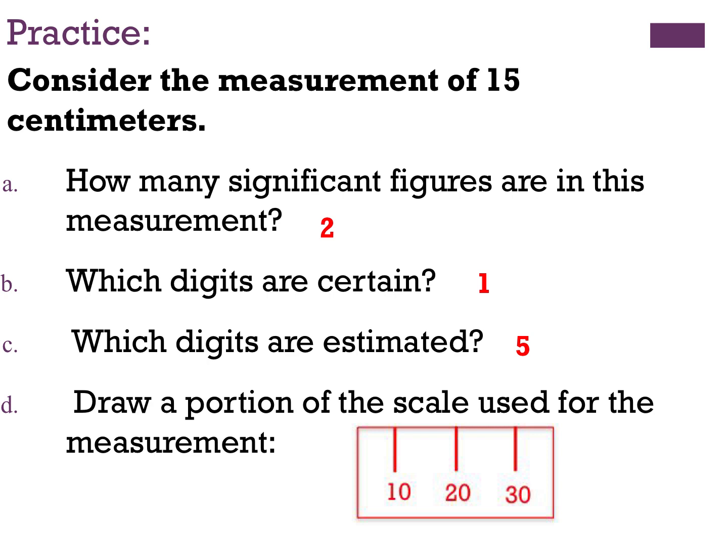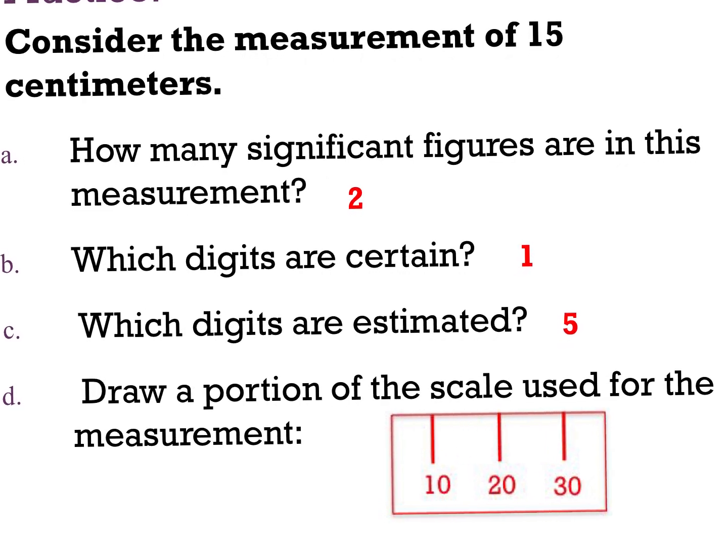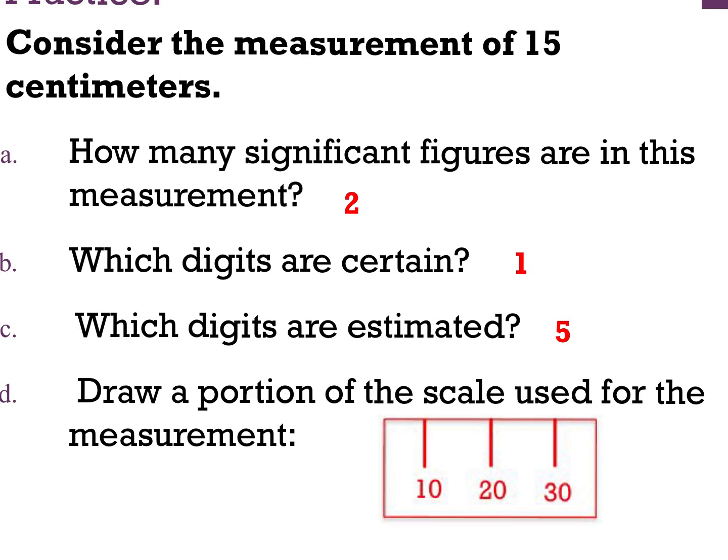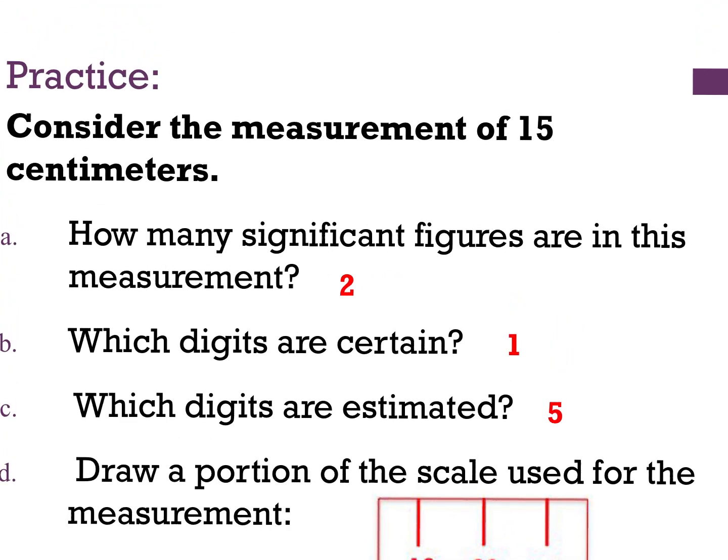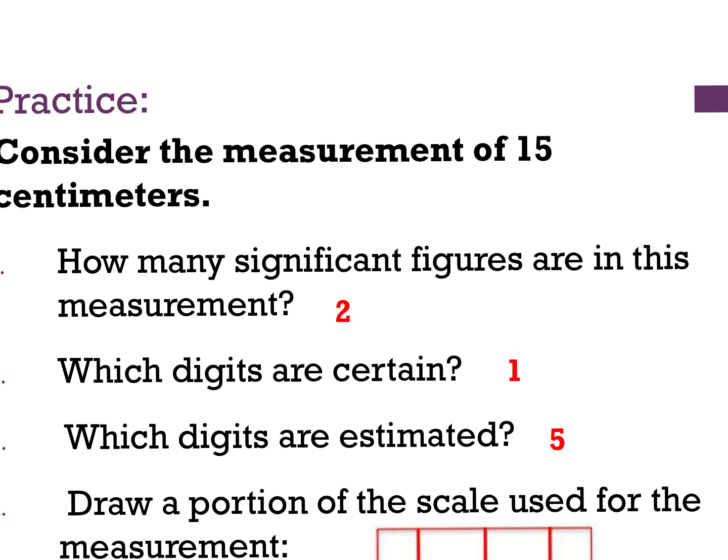So let's look at this measurement of 15. Let's say you have 15 centimeters. How many sig figs are in the number 15? Just 2. Remember when we do a measurement, all of our digits are certain except how many? Just 1 is estimated. In the number 15, which digit are we certain about? The 1.